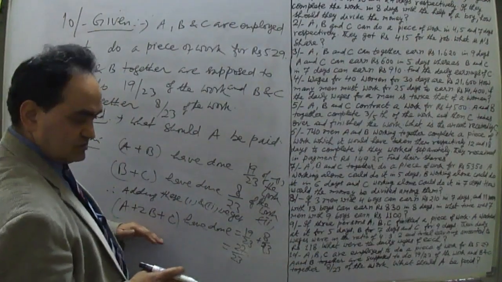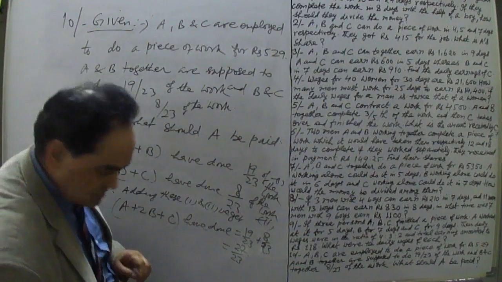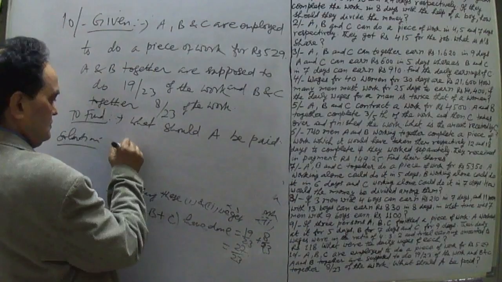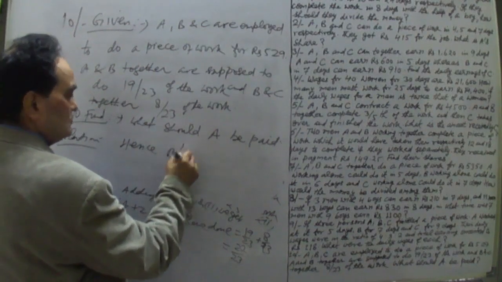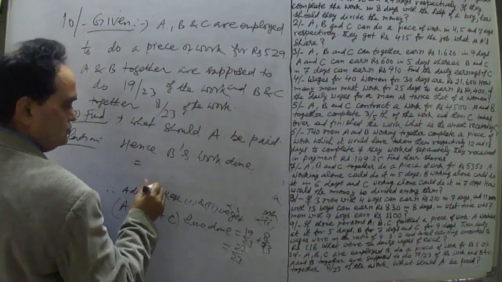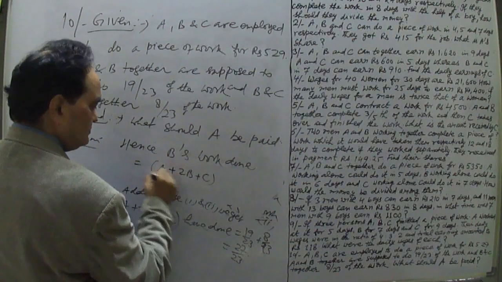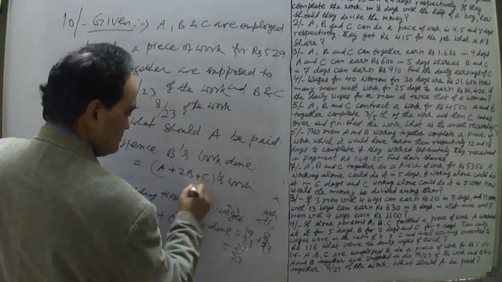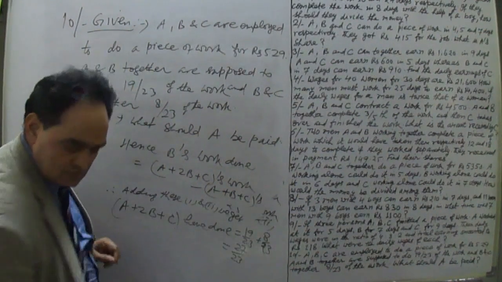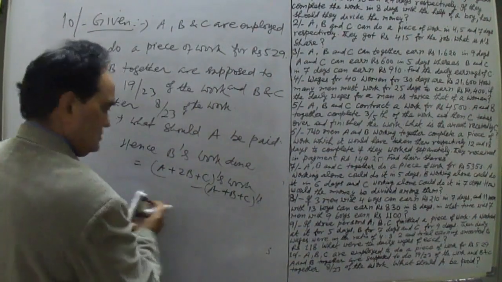Therefore, if I subtract 1 from this sum of these three, then B's work done is equal to A plus twice B plus C's work minus A plus B plus C's work. We have to just do this.